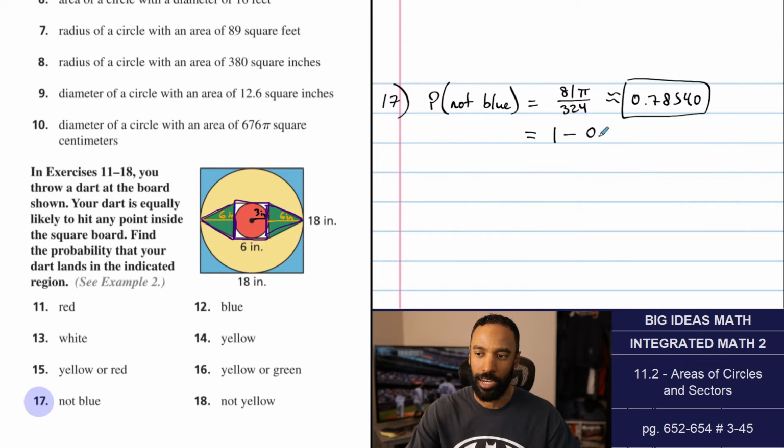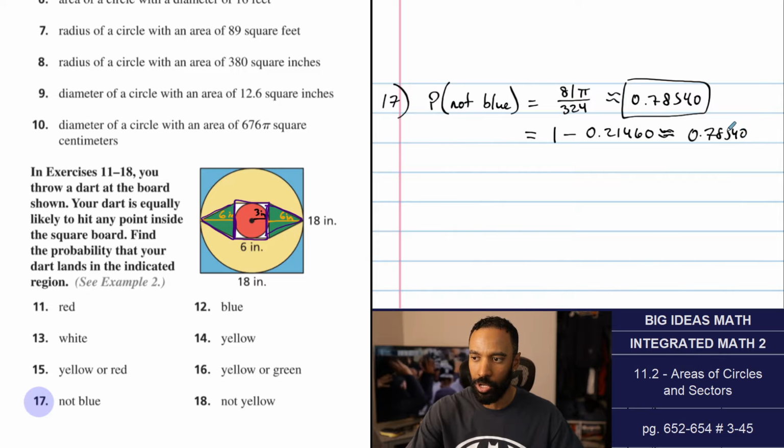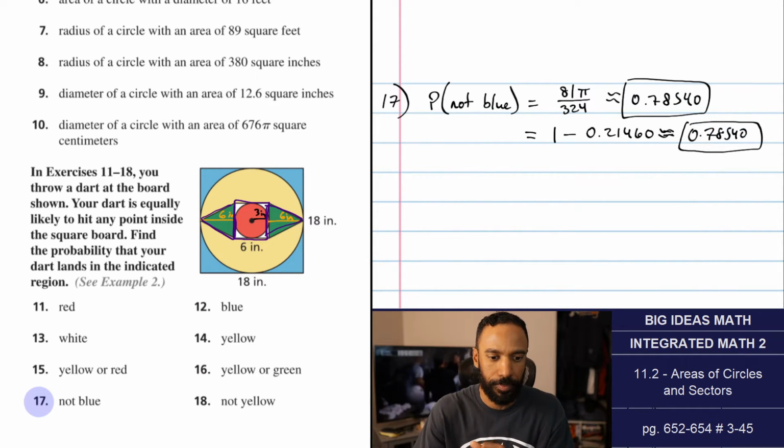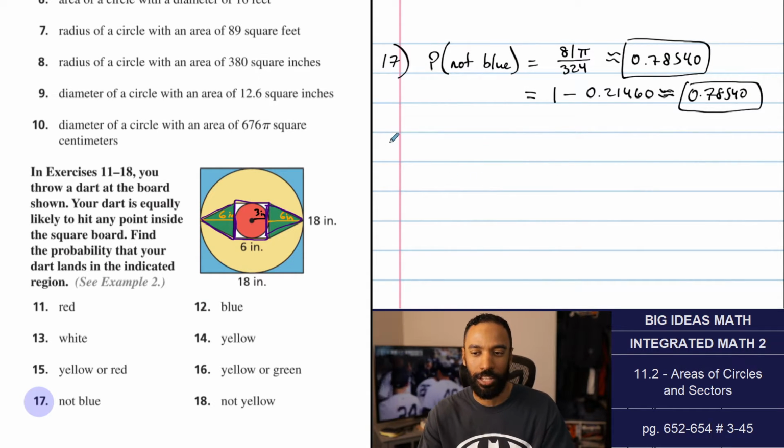I know it's rounded, but we're only using one rounding value, and you know what we'll get? We'll get this number here, 0.78540. You can try in the calculator, but one or the other, if you found that one, it can totally work. That being said, I'm going to do that for the not yellow portion.